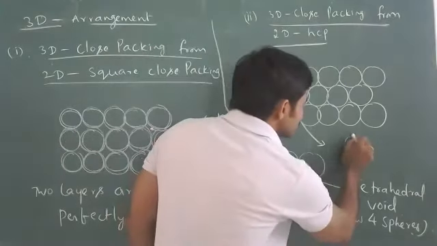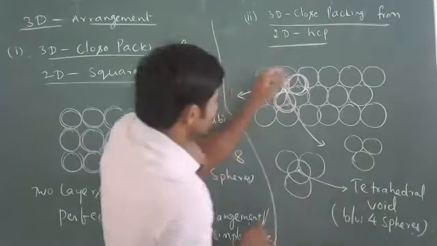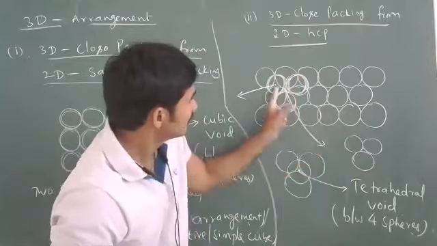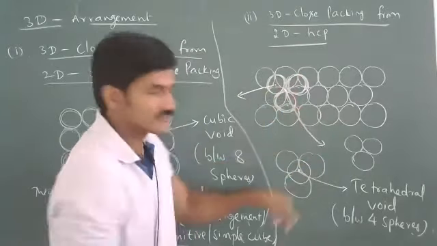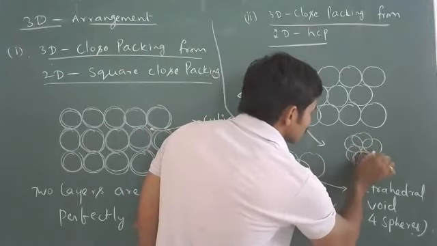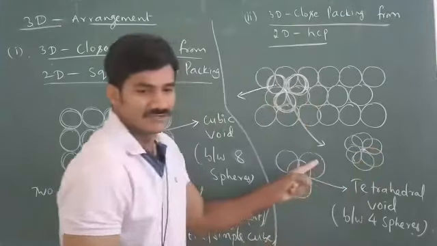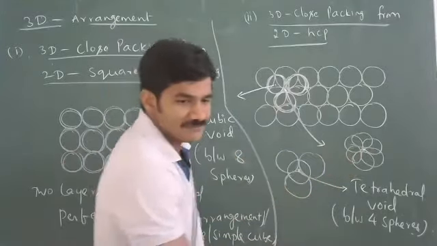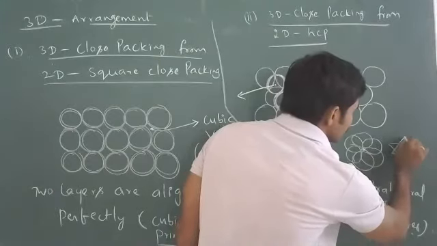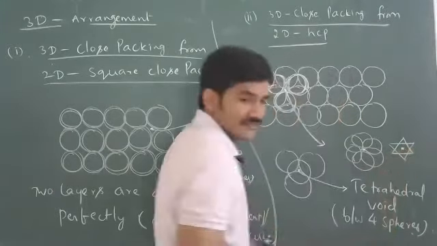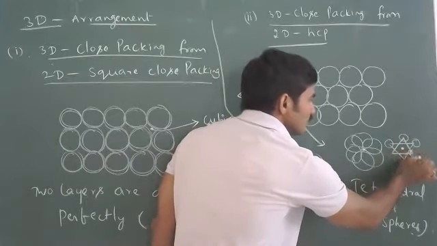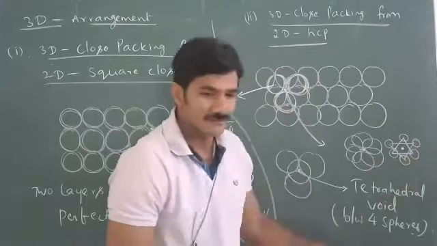You see this is 3 atoms. This is another atom. On the back side you have to see. This is 1, 2, 3. I have written 1, 2, 3. On the back side of this we have 3 atoms. Exactly like this. So this gap is present between how many spheres? This gap, you can see, this is one layer, 2, 3, 4, 5, 6 atoms.